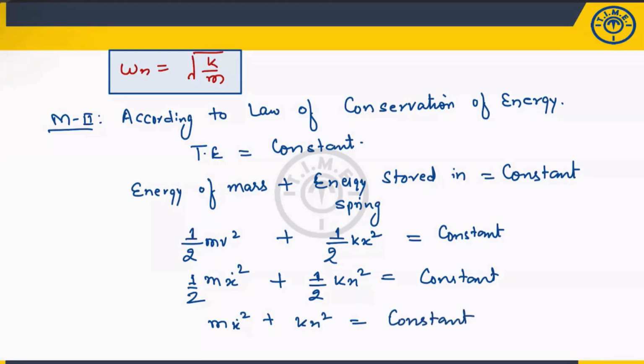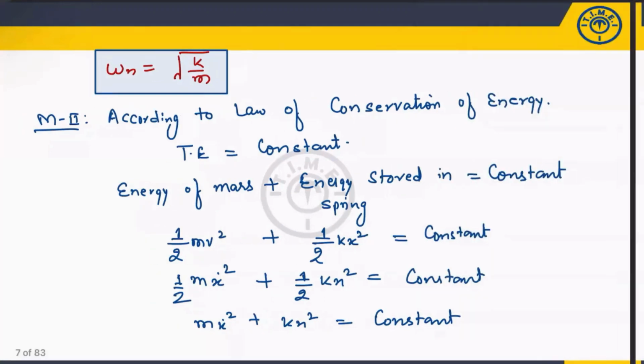Initially you have the constant; if you multiply by 2, that is also a constant. For example, if this is 4, then 2 into 4 is also constant. That doesn't matter. So m x dot square plus k x square is equal to constant.